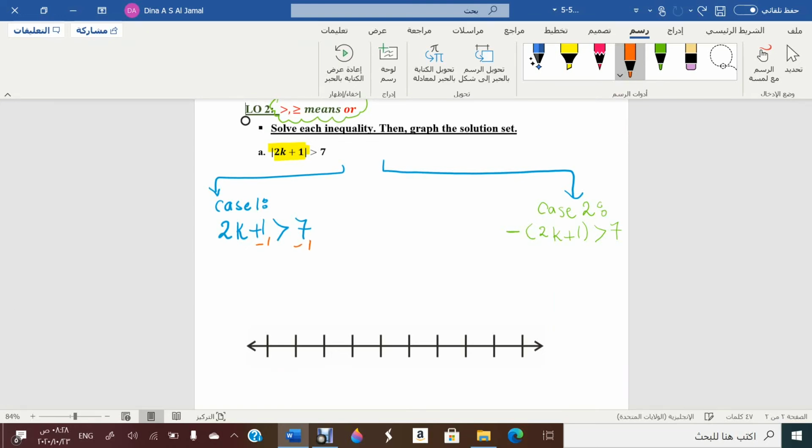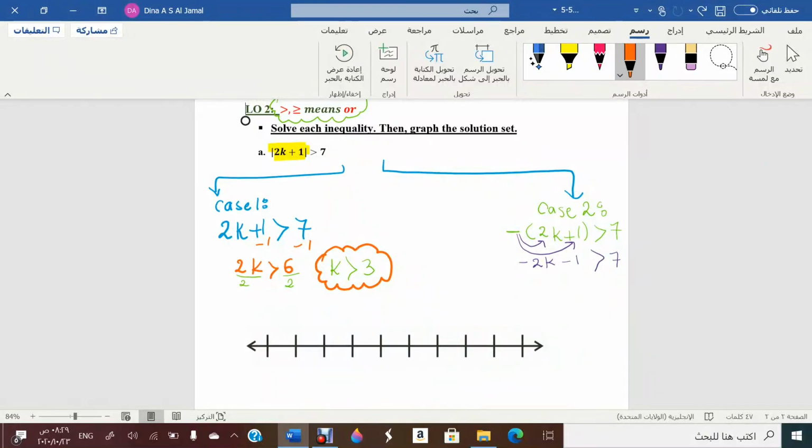Minus 1, 2k is bigger than 6, divide by 2, k is bigger than 3. And highlight this answer. Then always remember to do distributive property. Minus 2k minus 1 bigger than 7.